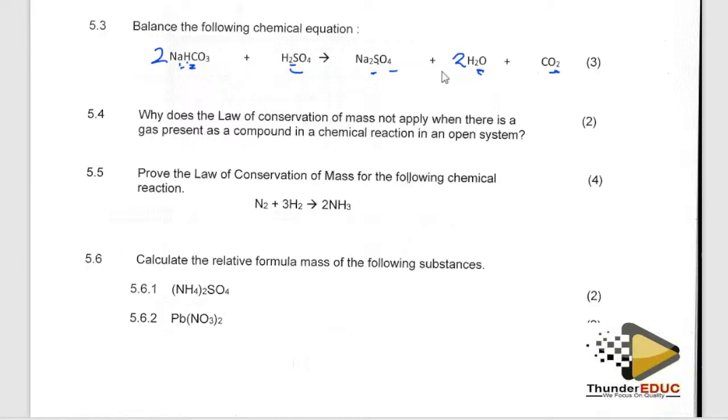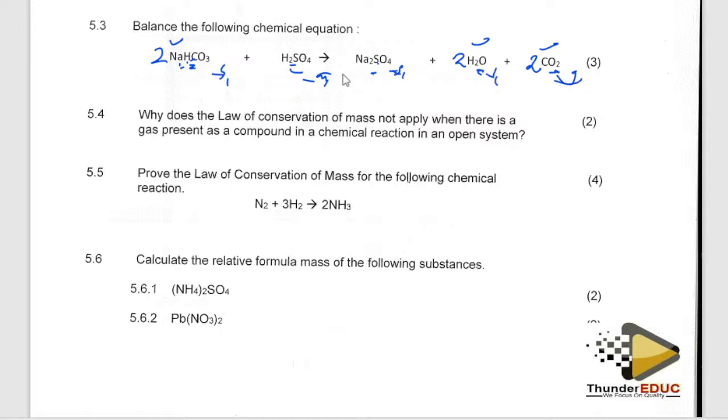So if I put a 2 there, it becomes 4. Then carbon here there are 2, while carbon here is 1, so I put a 2 here. I think that's why they gave the 3 marks. This is a solid, this is aqueous, this is a solid, this is a liquid, and this is a gas.